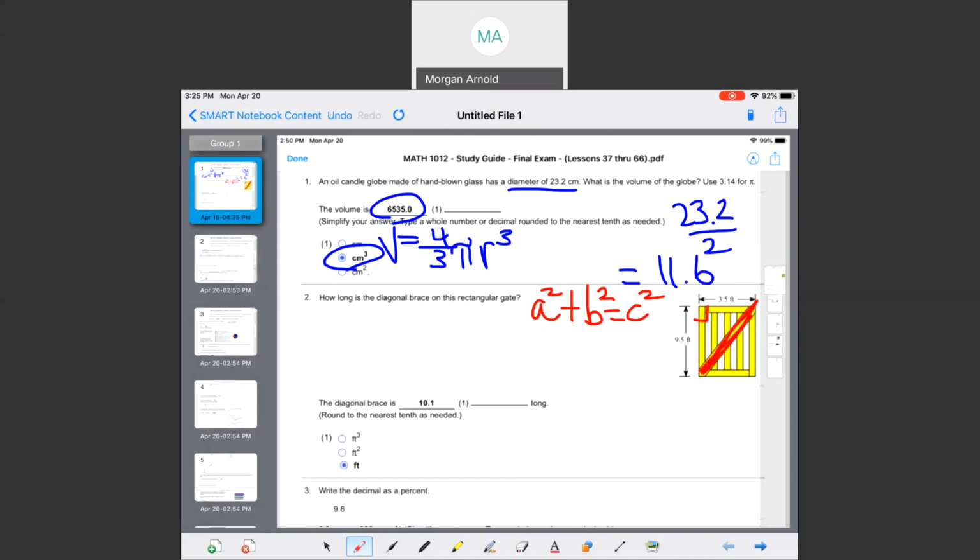So let's plug in. a is 9.5 squared, b is 3.5, and we're squaring it, and that's equal to c squared.